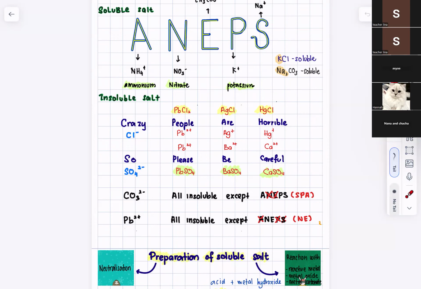Calcium chloride, soluble or insoluble? Soluble. Okay, good job. Ammonium carbonate, soluble or insoluble? Insoluble. Ammonium carbonate, soluble or insoluble? Can you repeat that one? Soluble. Okay.